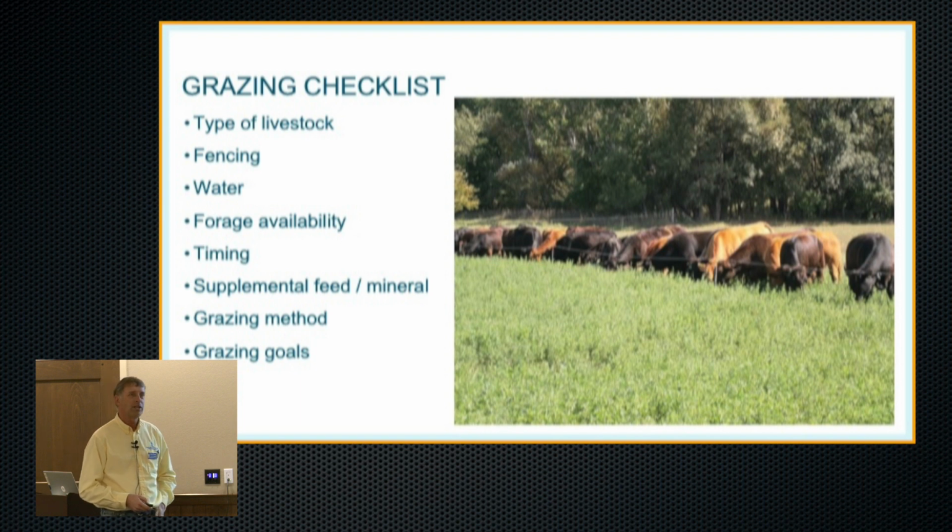We've done both ways at the research farm and have found that we get twice the number of grazing days by using MIG grazing, managed intensive grazing, or AMP grazing, adaptive multi-paddock grazing. So you can basically double your carrying capacity.